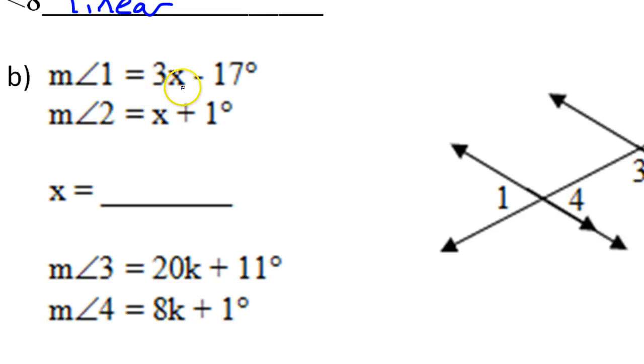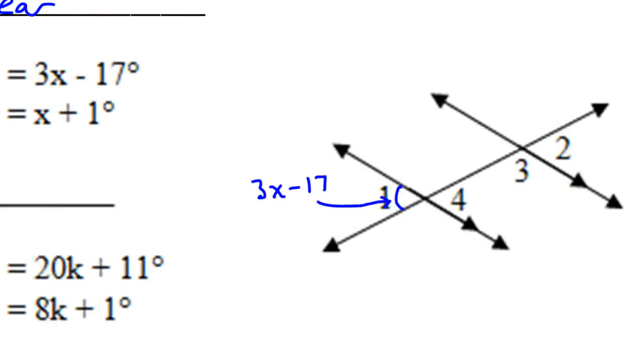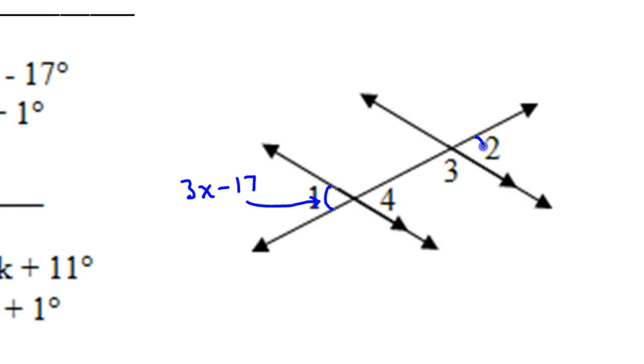The measure of angle 1, and here's angle 1 right here, is supposed to be 3x minus 17. And then the measure of angle 2 is x plus 1.